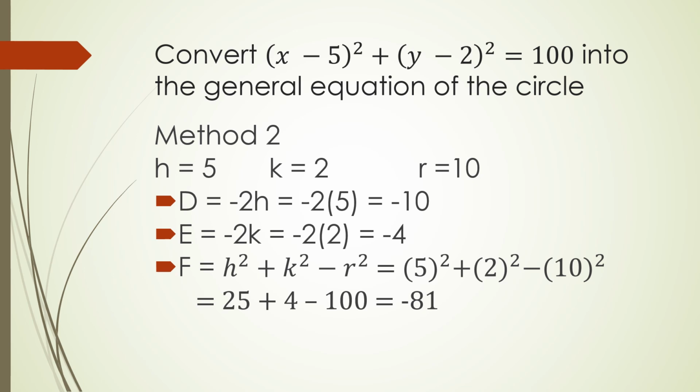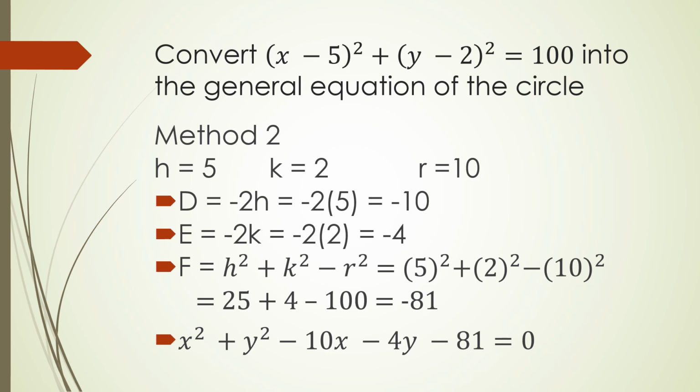So 25 + 4 - 100 is equal to negative 81. And as you can see, we'll be having the same answer: x² + y² - 10x - 4y - 81 = 0.